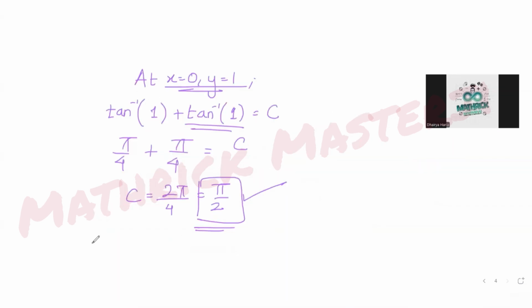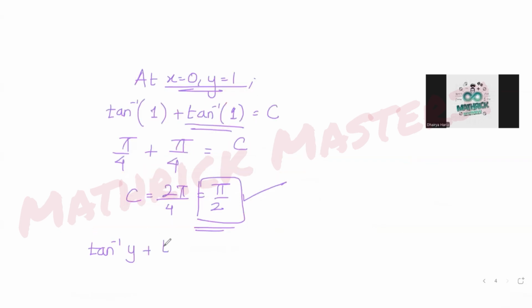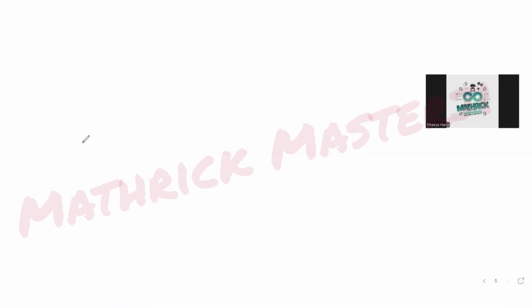So if I write my final solution here, it becomes tan inverse of y plus tan inverse of e raised to tan x is equal to c, which is pi over 2. Let's try to simplify this further. I know that tan inverse of A plus tan inverse of B, I can just write as tan inverse of (A plus B) over (1 minus AB).